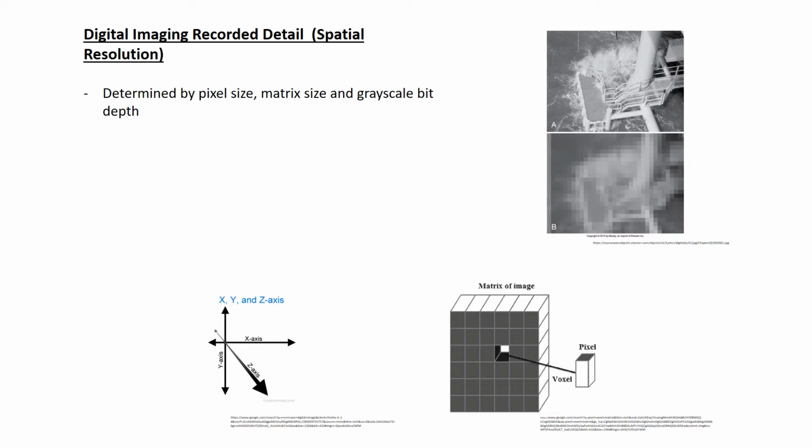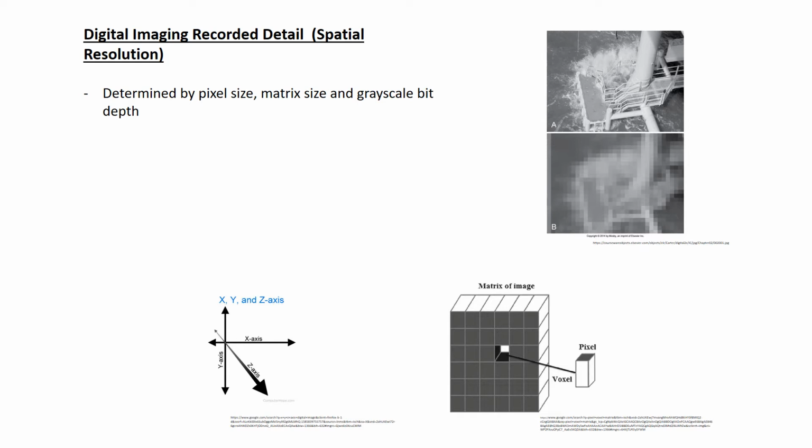And when the pixels are in an arrangement, we refer to this as a matrix. So basically, when you're looking at this drawing, you can see that there would be an x-axis, a y-axis, and then your z-axis would give depth to the pixel itself.